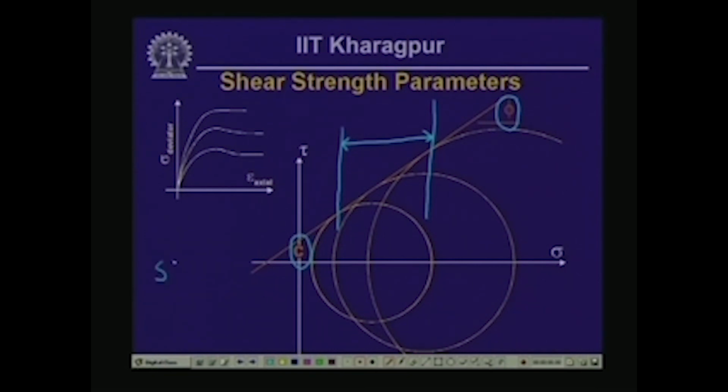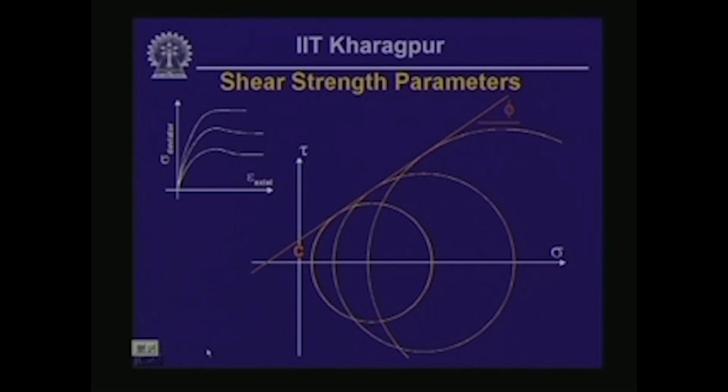So, for this range of stress for the samples tested, the strength parameters are phi and c, and this is what we obtained from the series of triaxial tests that we conducted. Okay.